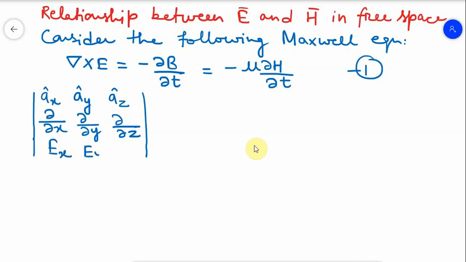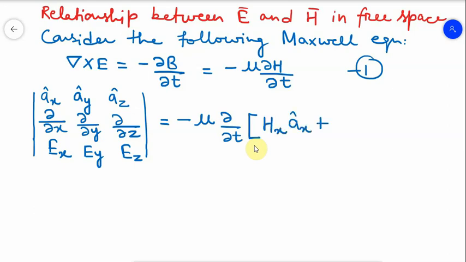On the right side also we can expand this: minus mu del t of H, where H is expanded as Hx ax plus Hy ay plus Hz az.